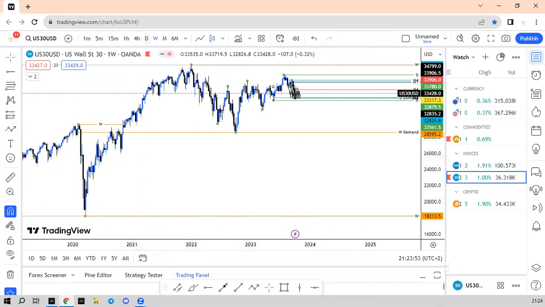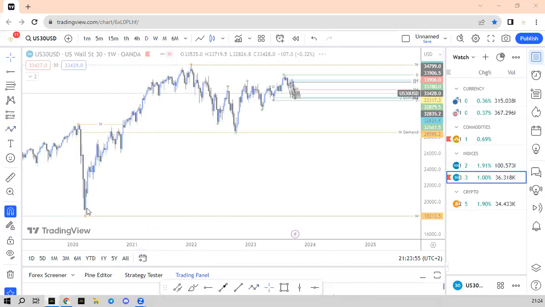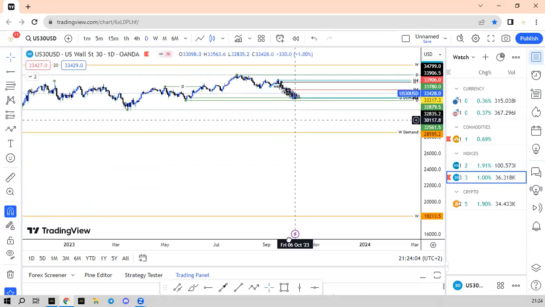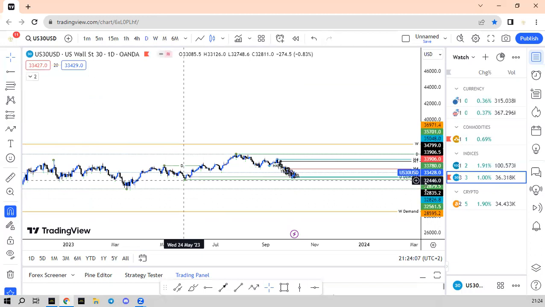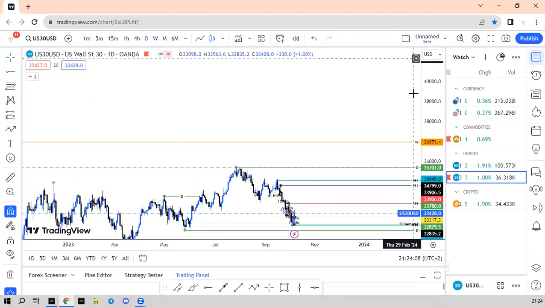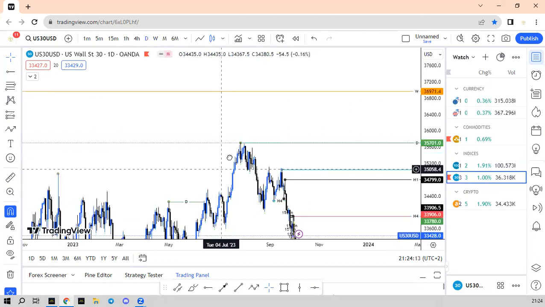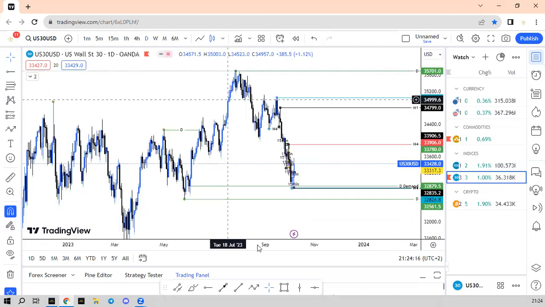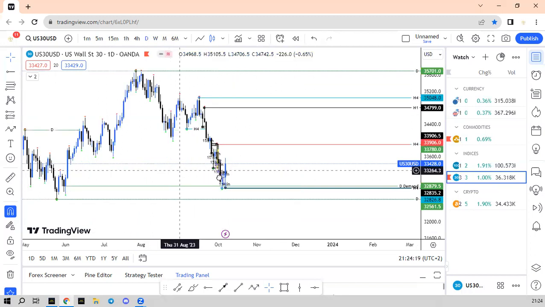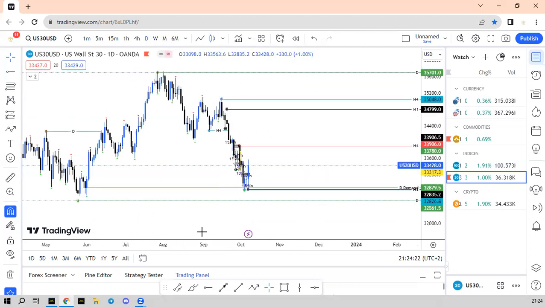Let's jump into daily range. We have a low here, we have a high here, liquidity here, and we'll be looking for a buy soon, just not yet.